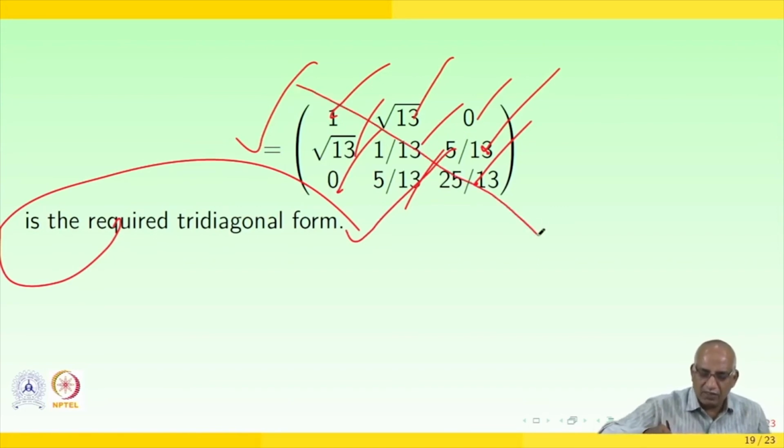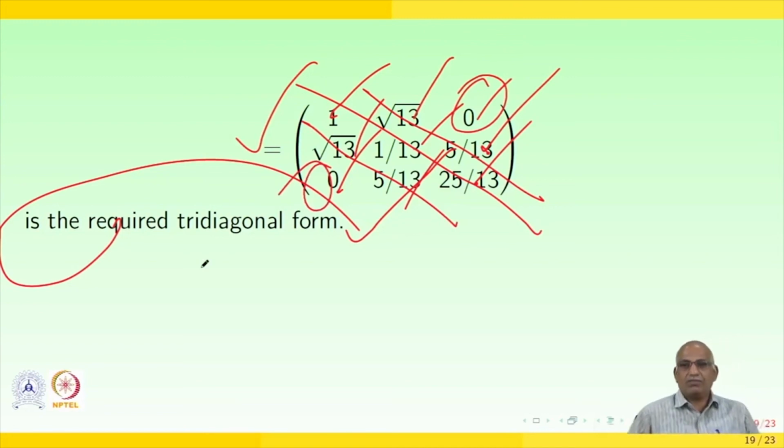If you look at this, this is the main diagonal, subdiagonal, and this is 0 and this is 0.